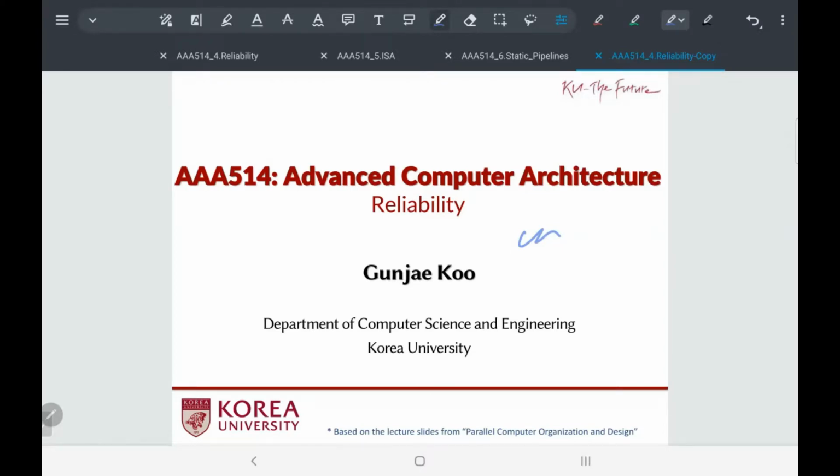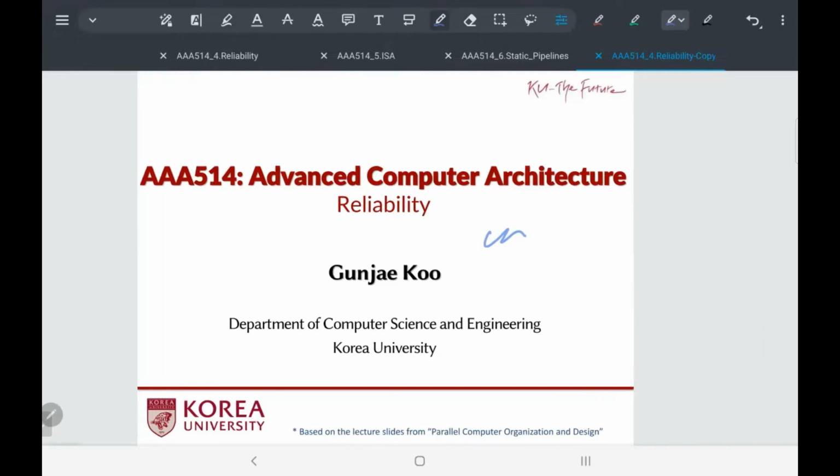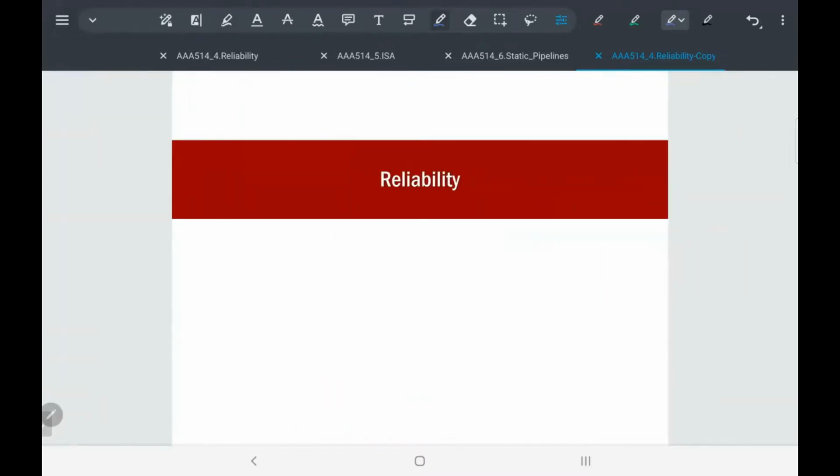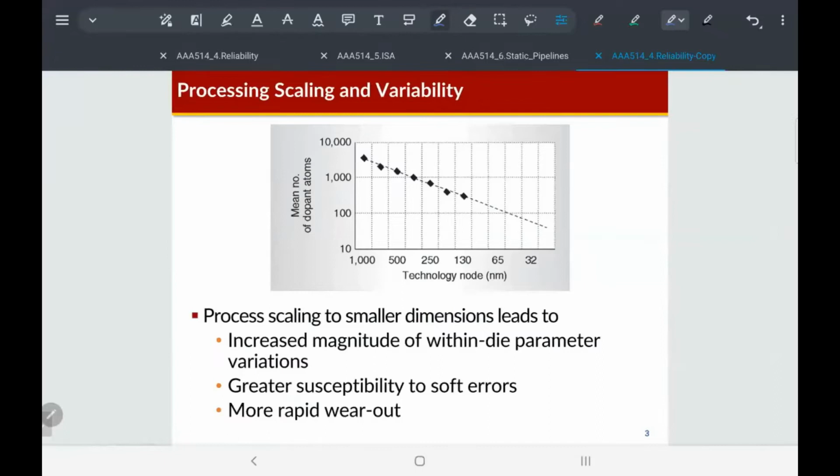That's why the reliability issue is getting more critical, especially for modern semiconductor technology nodes. Okay, so let's talk about reliability. As I mentioned, the reliability issue is getting more critical because the transistor size is being decreased. So what is the issue of this reliability issue?